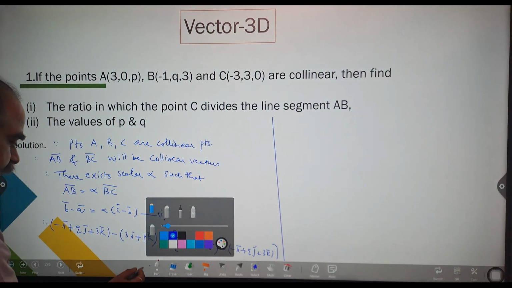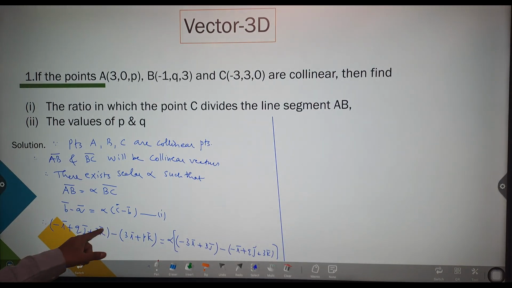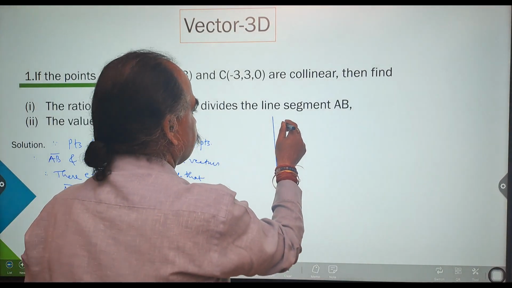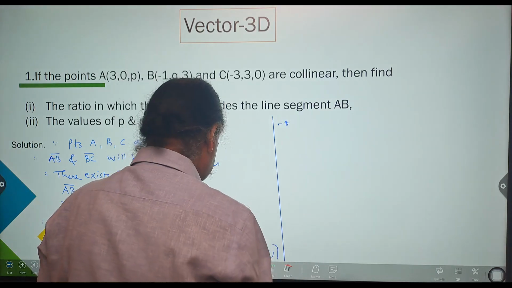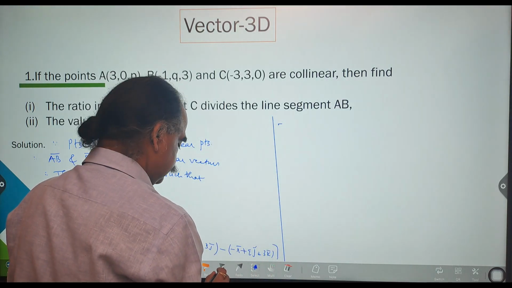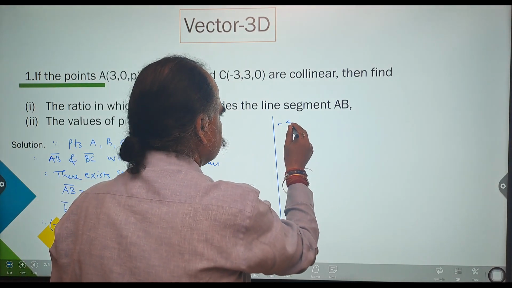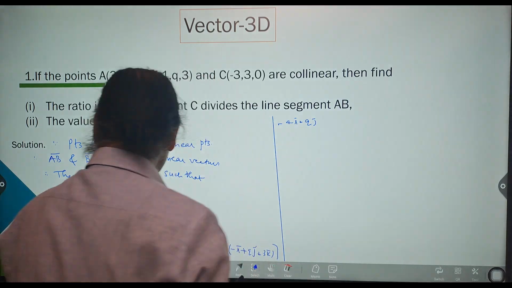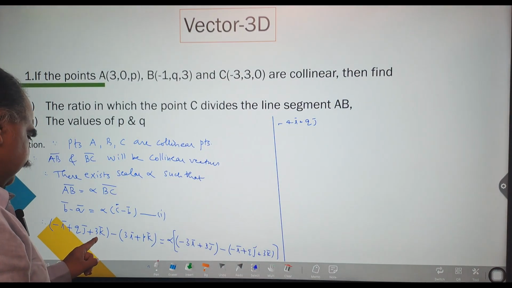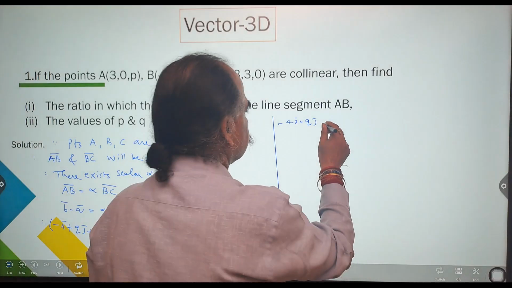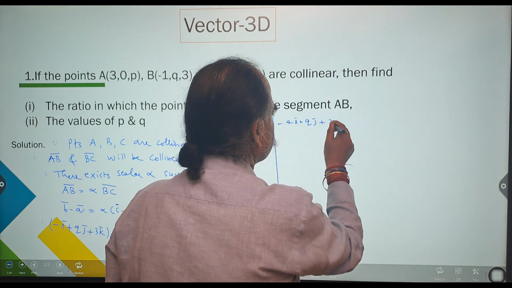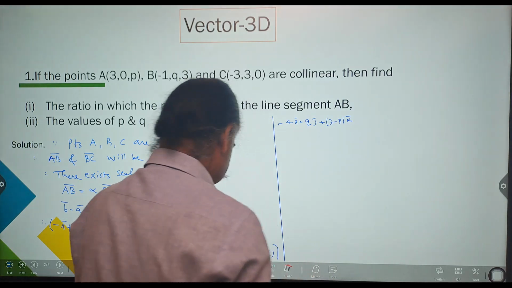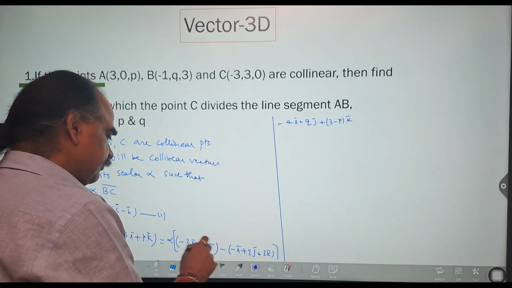We'll subtract then. Minus i minus 3 i gives minus 4 i, plus q j, plus (3 minus p) k bar is equal to, minus 3 plus 1 will give you what?